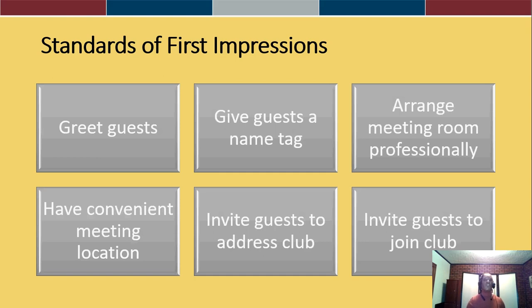So do keep in mind, if your club has a restriction on who can enter a building, be sure that all of your advertisements, all of your promotions, and even your listing on the Toastmasters.org website give very specific instructions on how people can find you. You want your meeting location to be as convenient as possible, yet if there are certain restrictions, be sure to instruct people how to be able to get to you.